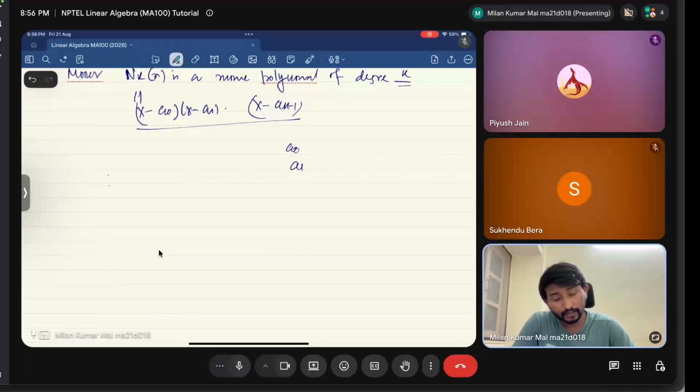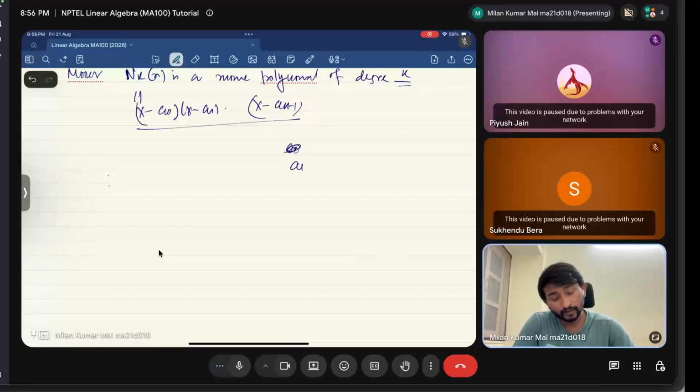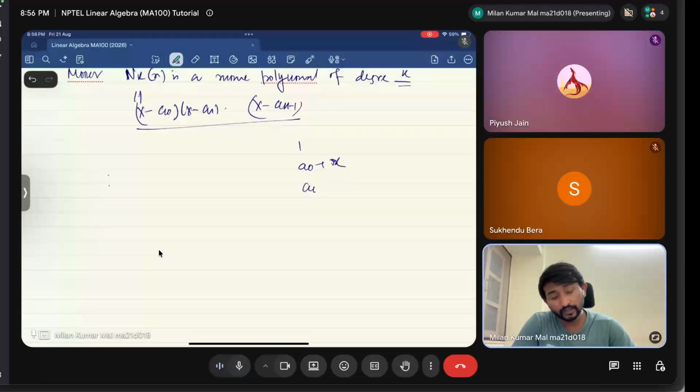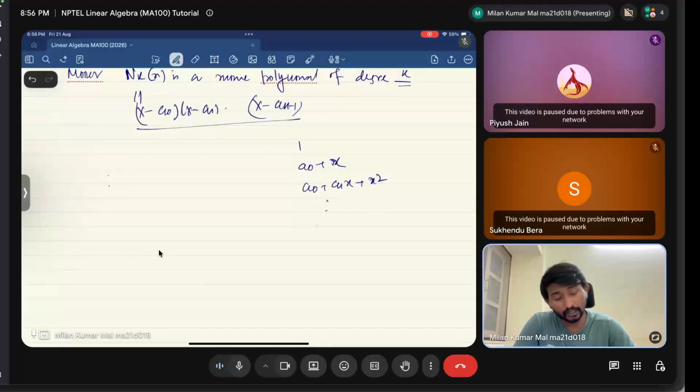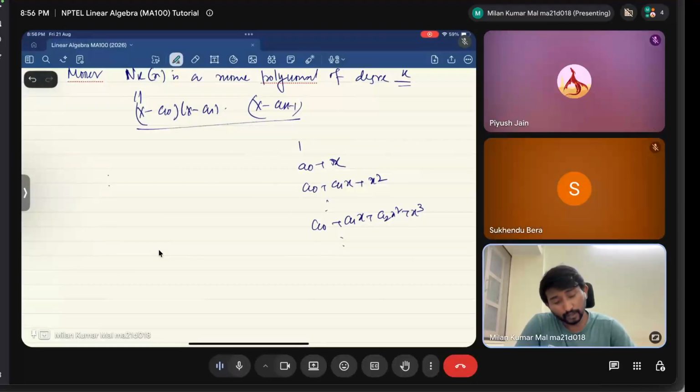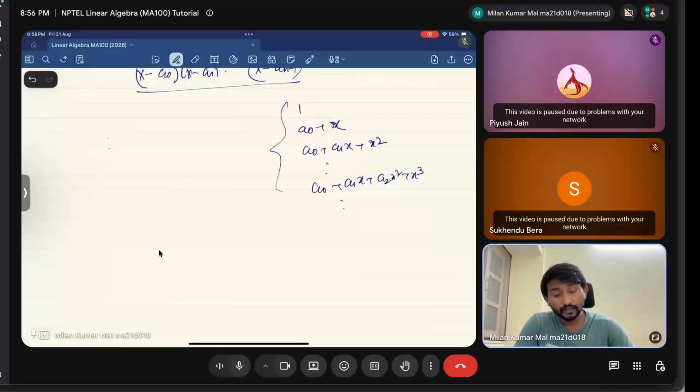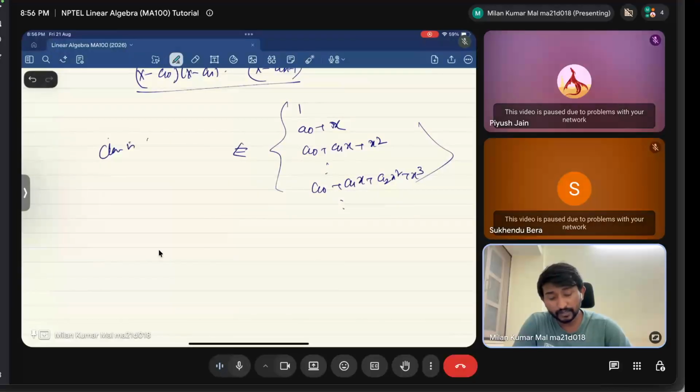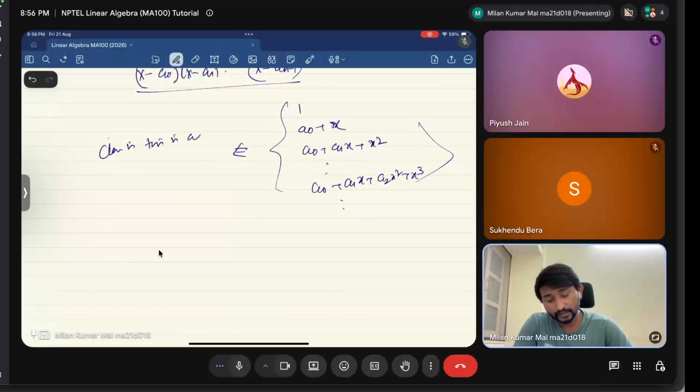Another is like a naught plus x. Another is like a naught plus a1x plus x square. If you go in this way, the idea is that I just want to implement that idea in the field. That's what I am trying to do. Let's take this step. Then this is a basis of P3.